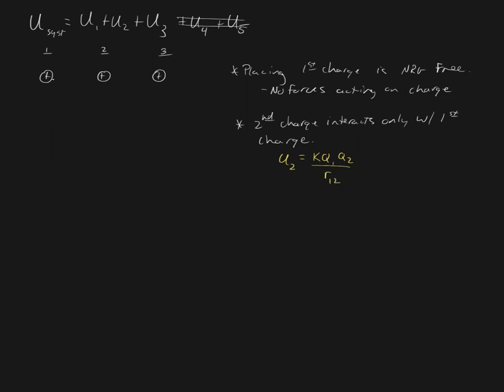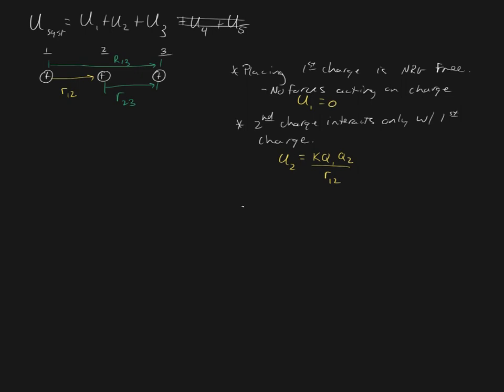R12 is this distance right here, R13 is this distance, and R23 is going to be this distance. And here we have U1 is just equal to 0.